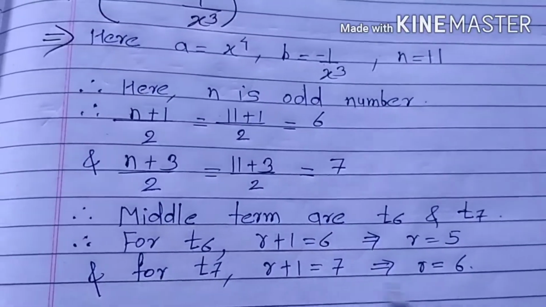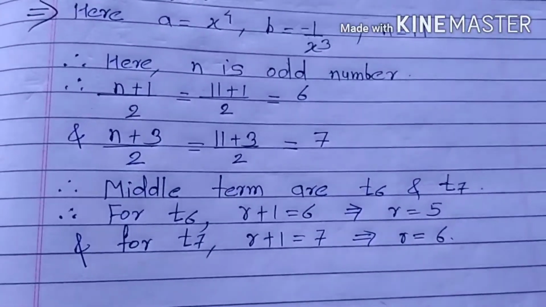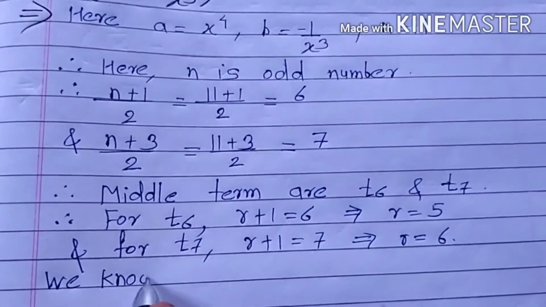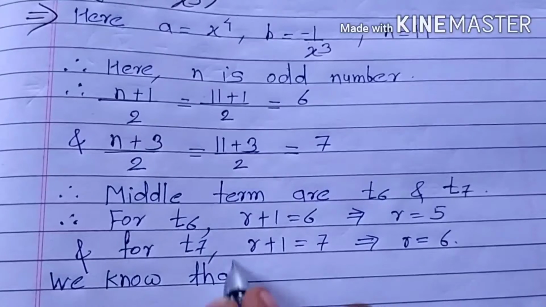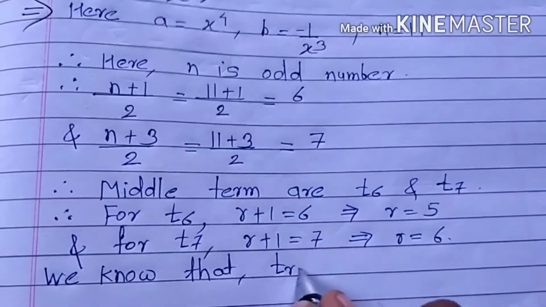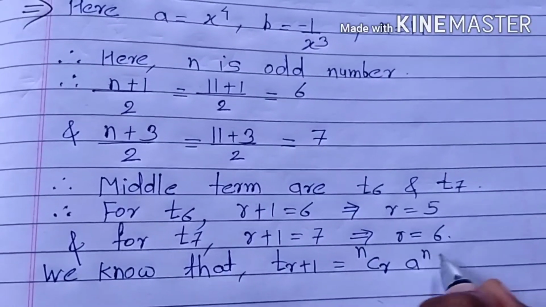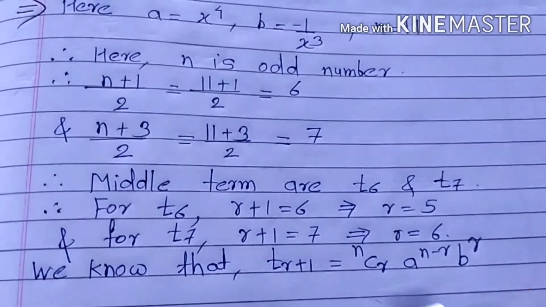So we use the formula of general term. We know that T_{r+1} is equal to nCr a raised to n minus r, b raised to r.